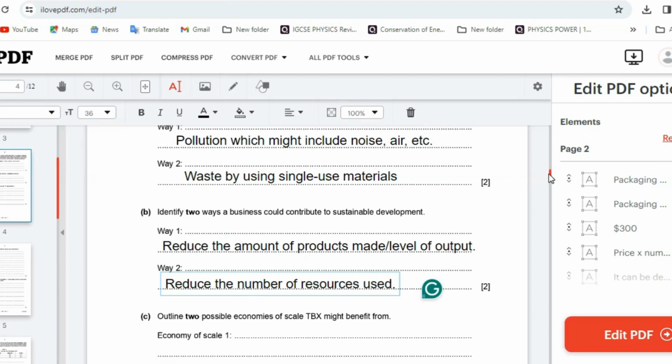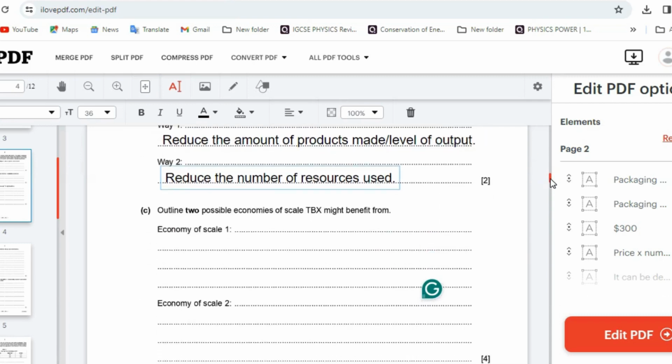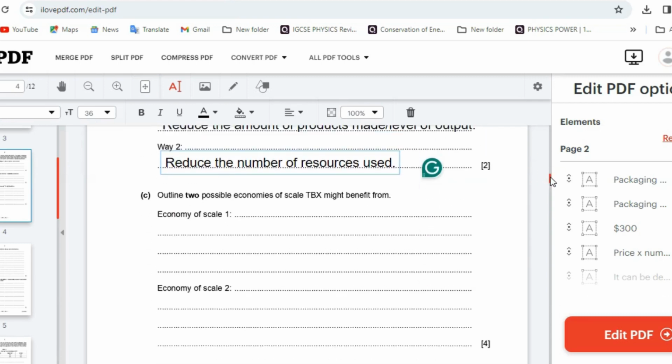We still have question 2C, which says outline two possible economies of scale TBS might benefit from. Of course, how many economies of scale do we have? I can see you remember we have five. Can you mention them, and let's pick two and outline them? The first one is managerial economy. That's good. Let's put it in an outline way to have our mark.